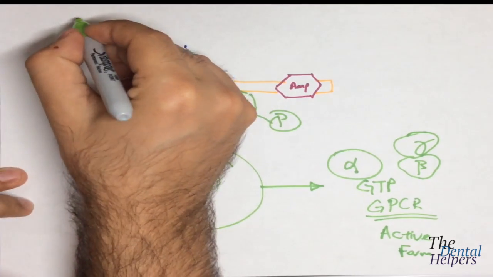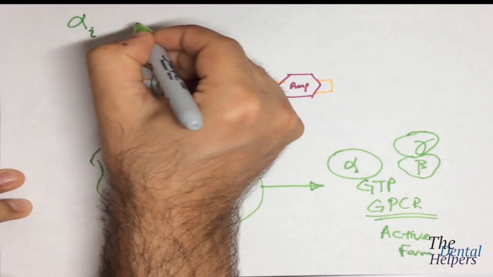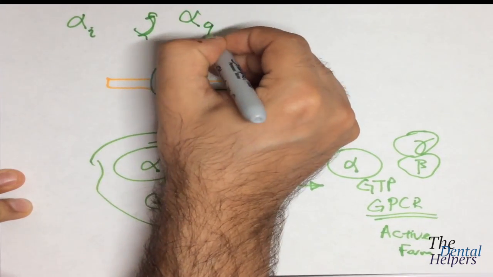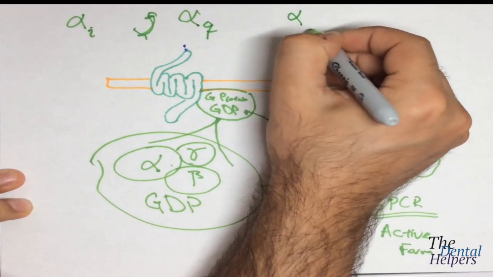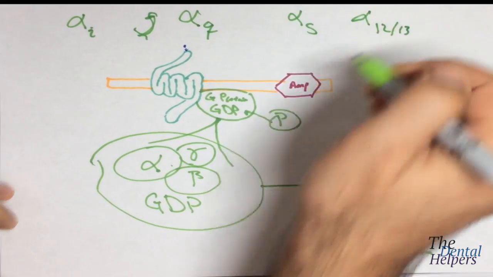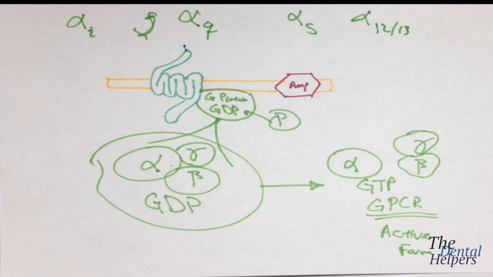So we have alpha I, which is an inhibitor, alpha Q, alpha S, and we also have alpha 12, 13. And these are all things that you're probably going to need to know for the exam.